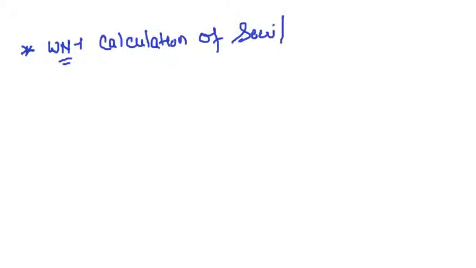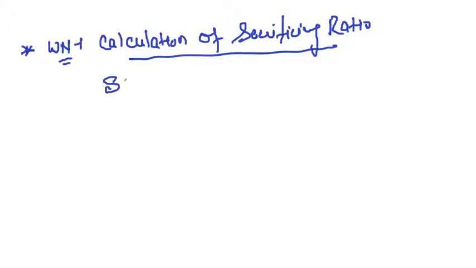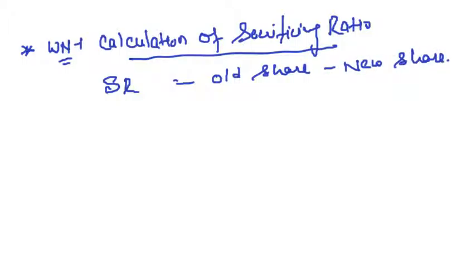I'll say working note number 1, calculation of sacrificing ratio. What is the sacrificing ratio? This is old share minus new share. What will be A's sacrifice? What is the old share? 3/5.